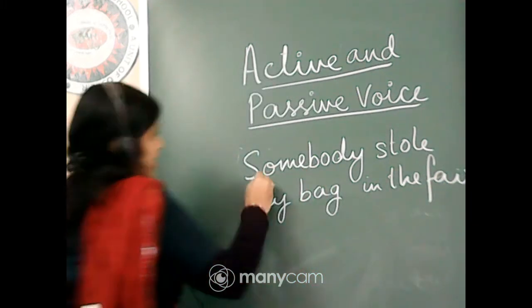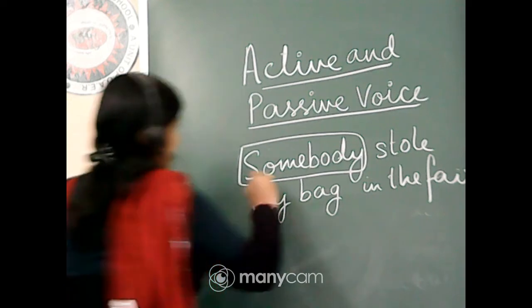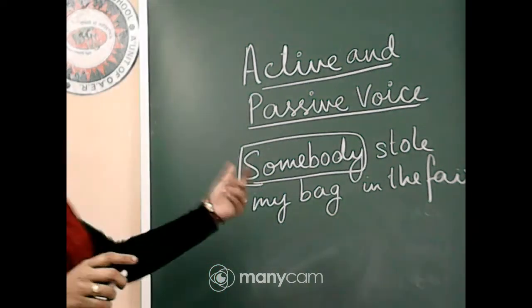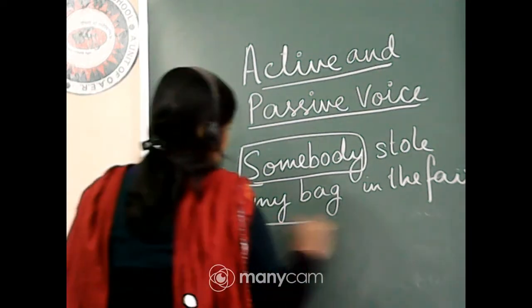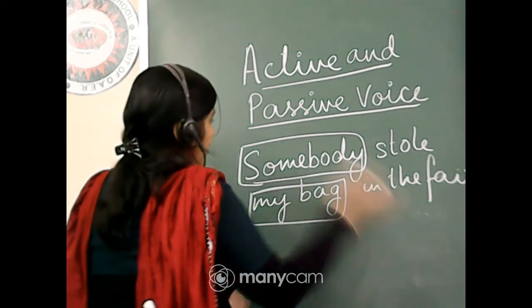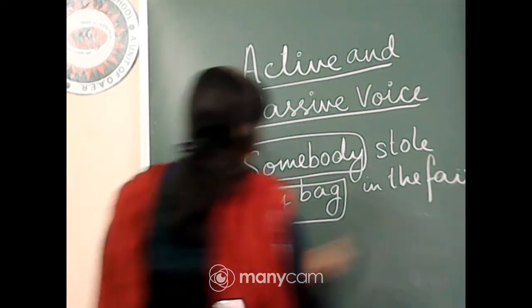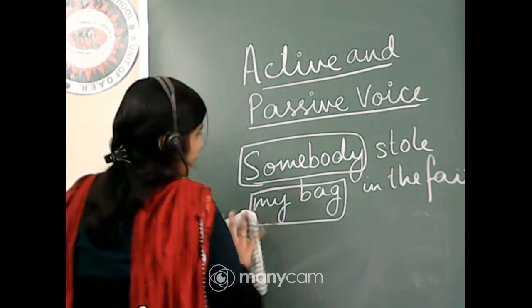This is simple active voice. Somebody stole my bag in the fair. My bag is the object. Now if I want to change it into the passive voice, what will it be?